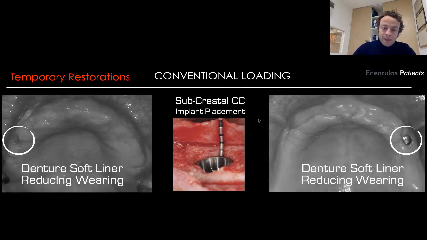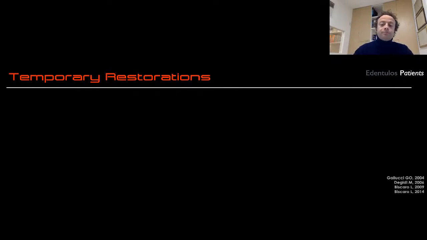But at the same time, it's really important to place our implant subcrestally, because in that way the residual bone that we have can protect the bone that is strictly in contact with the implant from the compression created by the denture. So maybe we could have a loss of the coronal bone, located coronal to the implant, but not a loss of the bone that is in touch with the implant.